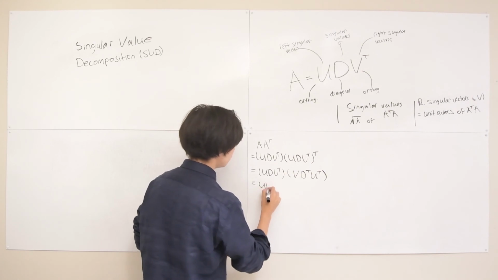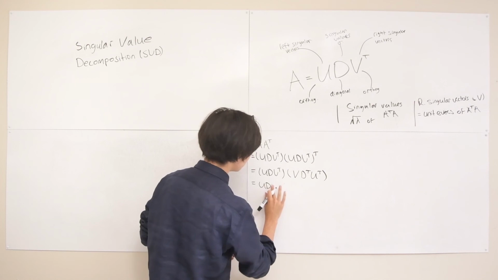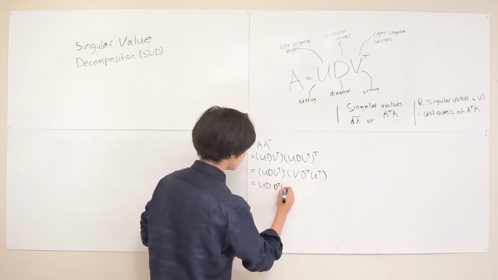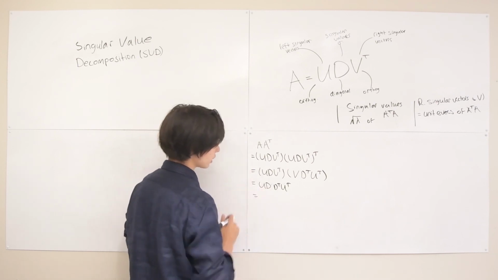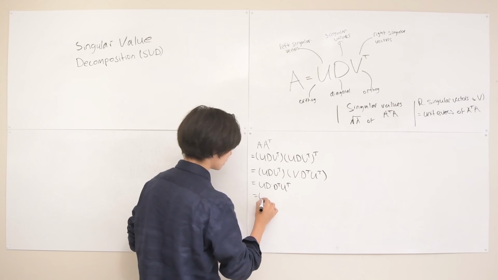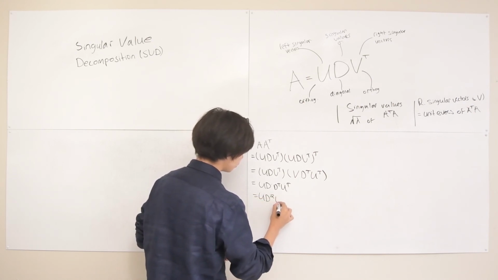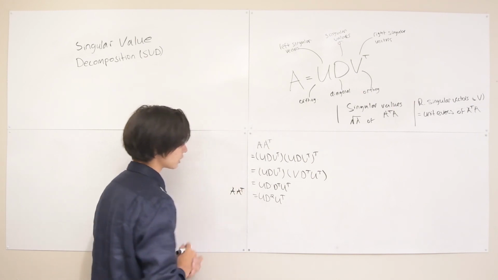So we get some U, D, the V transpose gets canceled out, some U, D, D transpose, and then U transpose. Again, we can use the same intuition that D transpose is the same as D because they're diagonal and therefore symmetric matrices, so we get some U, D squared, U transpose. So AA transpose is equal to this.